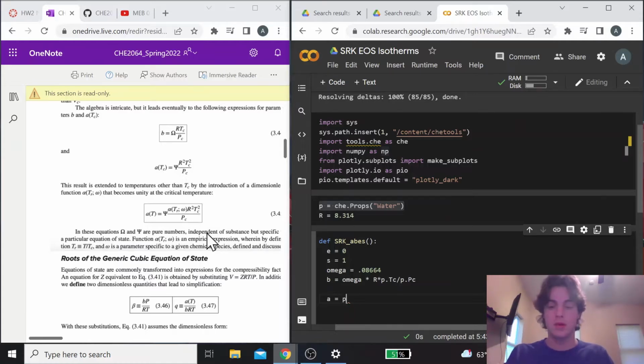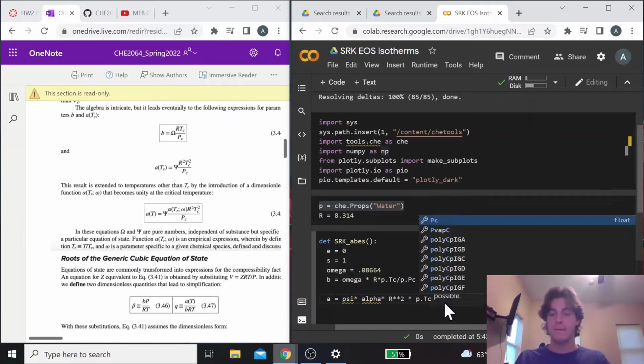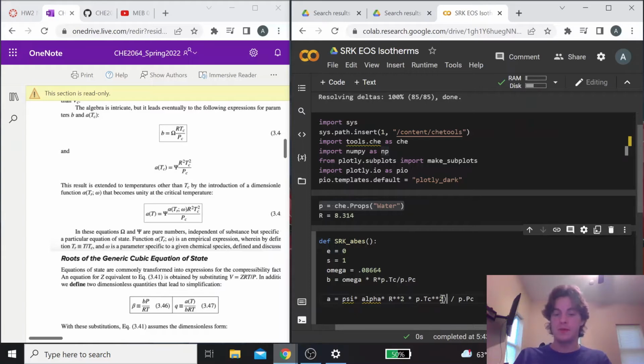So let's type that. Psi times alpha times R squared times the critical temperature squared divided by our critical pressure, and this is all in parentheses.